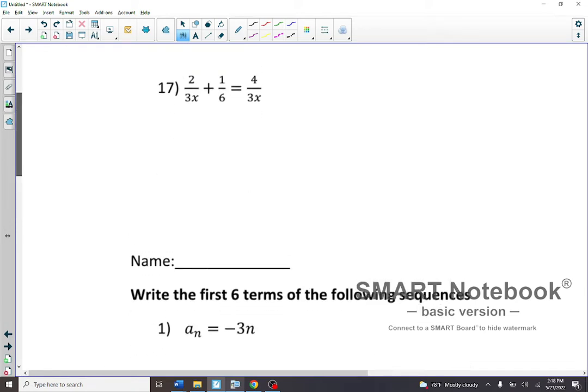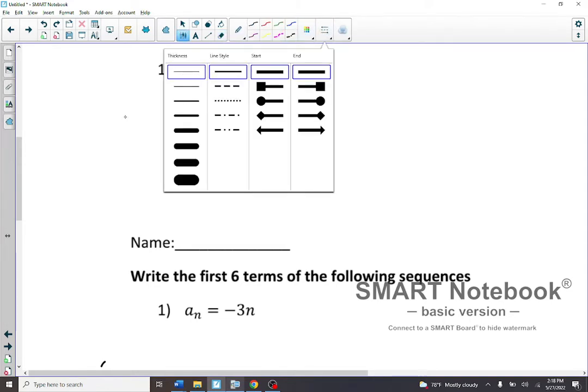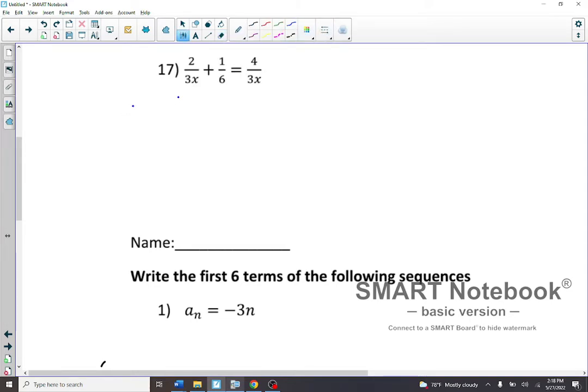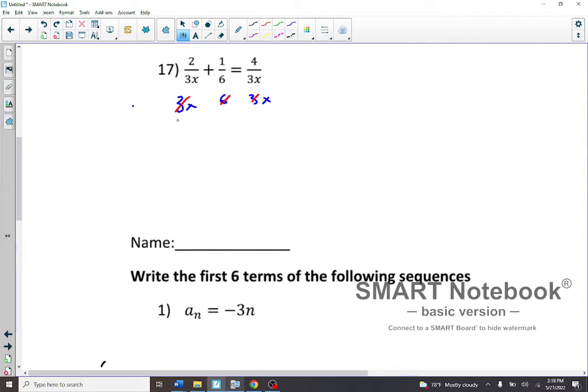Next one, 17. I need this to match. Remember, it's 3x. Since they all have a 3 in common, I can reduce this to 1, 2, 1.